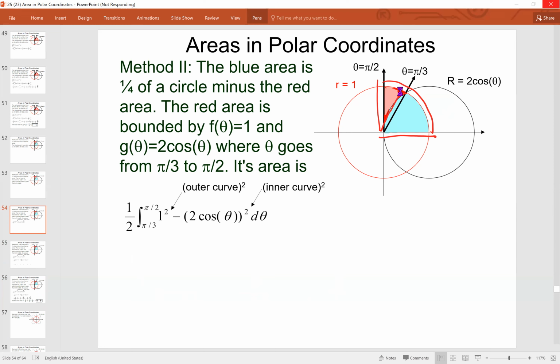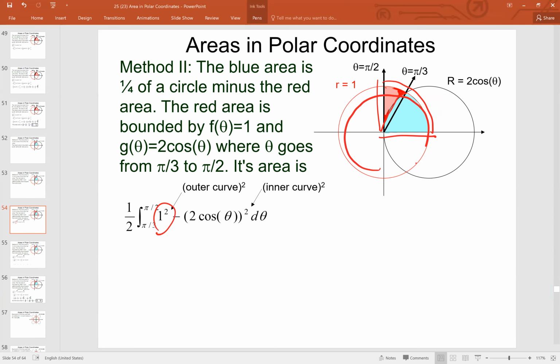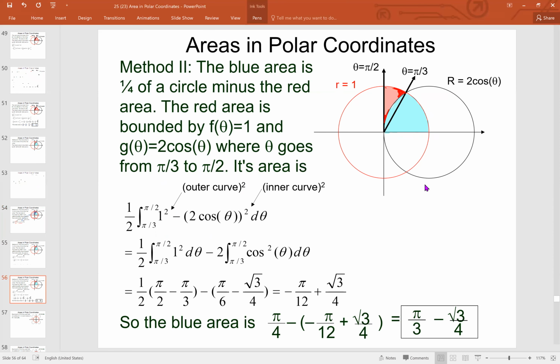So basically, all I have to do is calculate the triangular piece, the red one, and that of course has two boundaries. This is the one outside, r is equal to 1, and that's the one that's inside. That's this boundary. And so that defines these particular portions. And I want to subtract that out from the quarter circle. So we calculate that and subtract it out. We get the same answer as before.